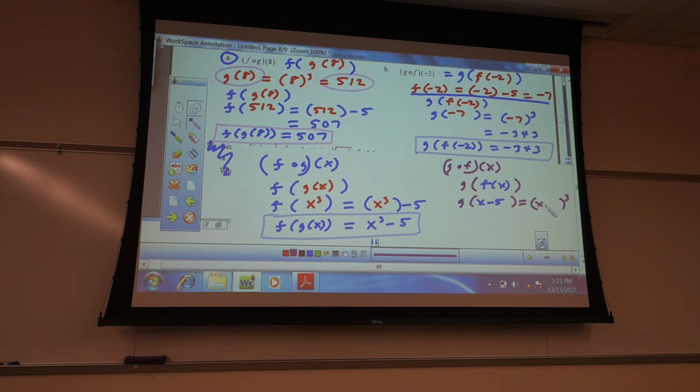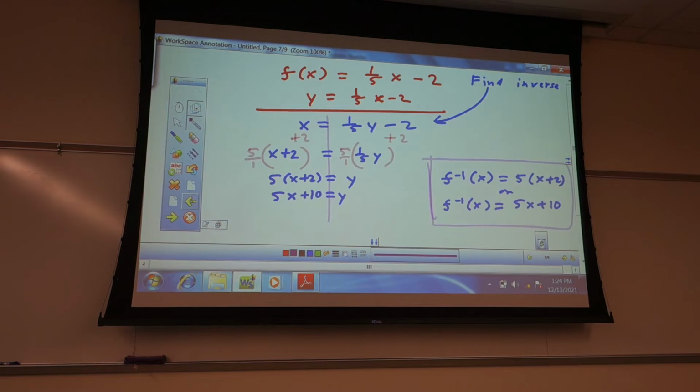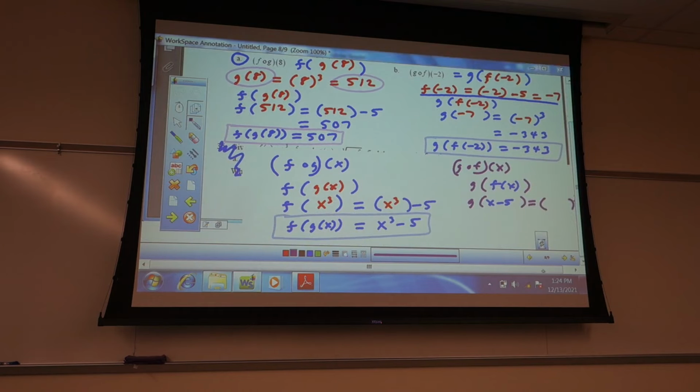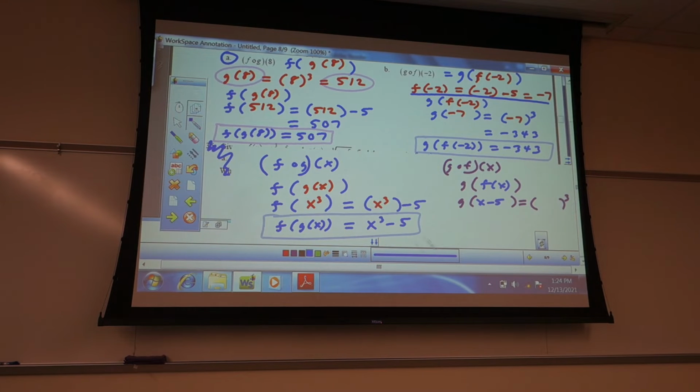X minus 5. But actually, then I would just stop you there, because I don't expect you to cube this out. I would just have you leave it there. So g of f of x is equal to x minus 5 to the third power. Done.